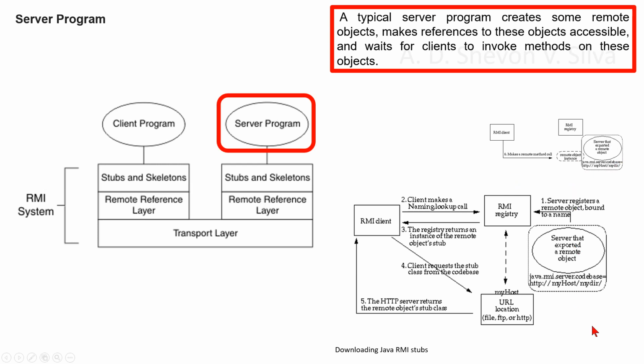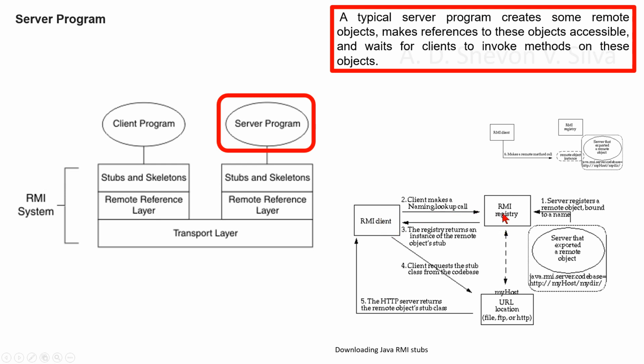So here is the server that exported the remote object, and here the java.rmi.server.codebase equals a URL. The server registers a remote object bound to a name from the server that exported the remote objects to the RMI registry. And then in step 2, this is the RMI client, and the RMI client makes a naming lookup call to the RMI registry.